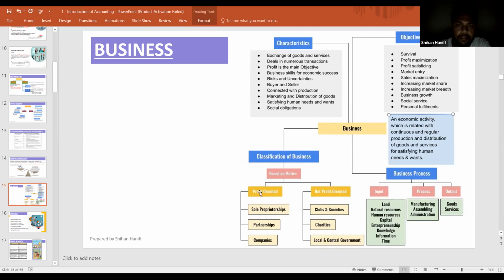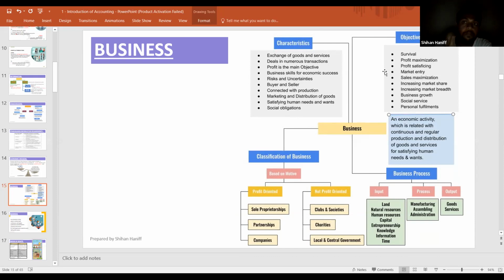And we classify businesses as profit-oriented and not-for-profit-oriented. All these are theories. You can just go through the notes which I have shared. Also, businesses have different objectives: survival, profit maximization, market profits, business growth, market entry, sales maximization, right?